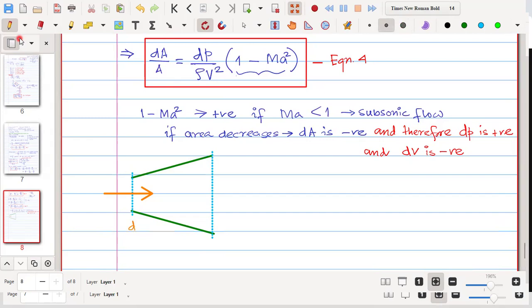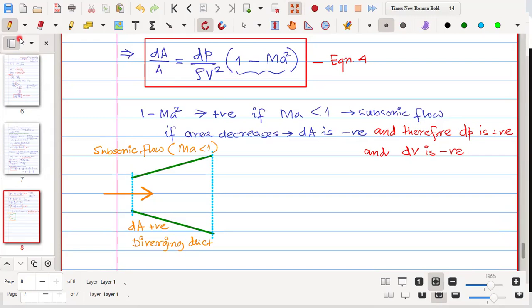So for this, dA is positive. And this is called a diverging duct. What happens? That means it is subsonic flow. Subsonic flow, that means Ma is less than 1.